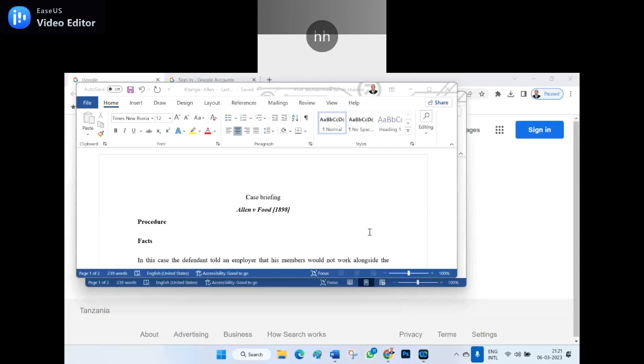Good evening to all the students of SLW 616 and SLW 646. You are welcome to my class today, and I am dealing with the PIF-IRAC model, or IRAC model. When case briefing is concerned, you have to do it in the PIF-IRAC model.